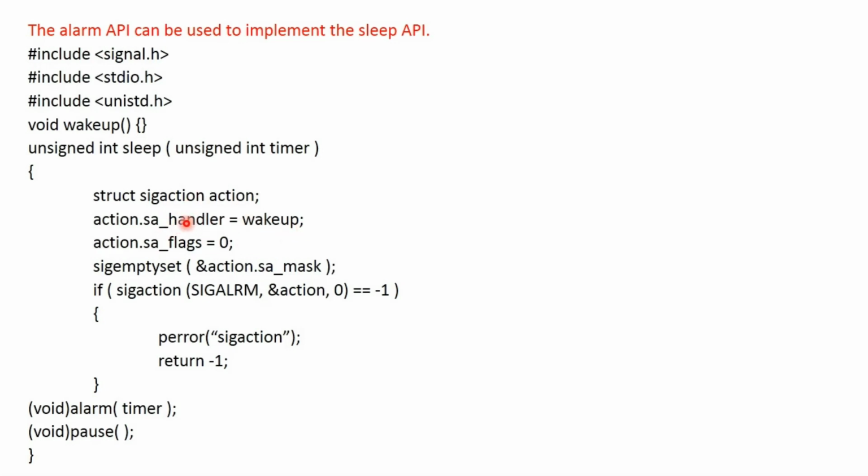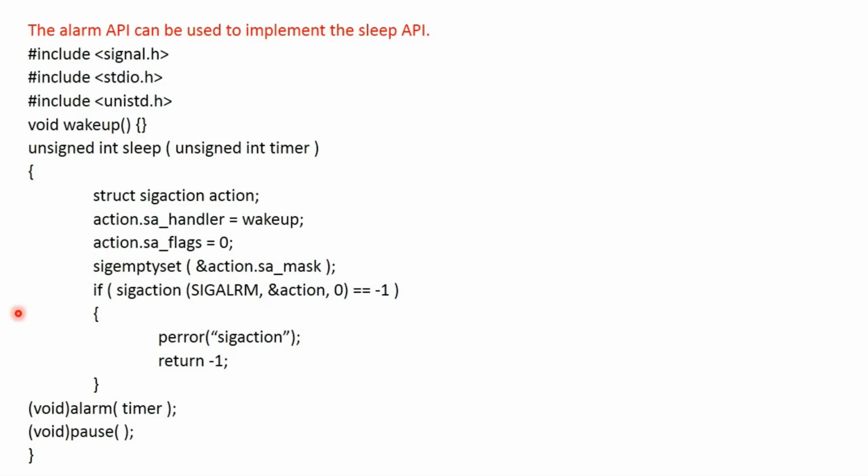Now action.sa_handler equals wakeup, you are assigning wakeup to the sa_handler variable of the structure sigaction, and sa_flags equals 0. So initially you are assigning these two values to the handler and the flag.